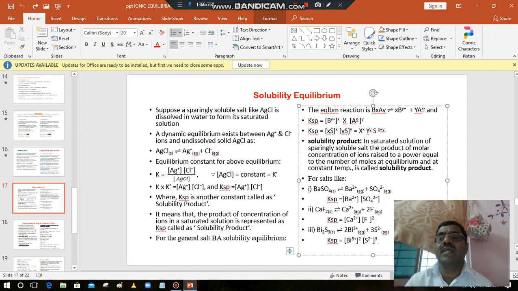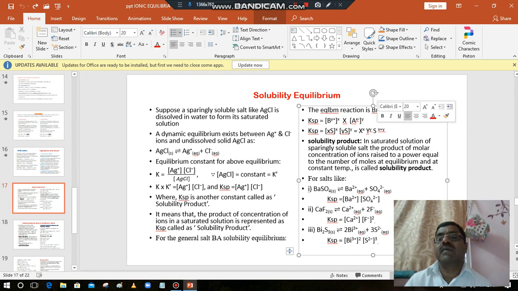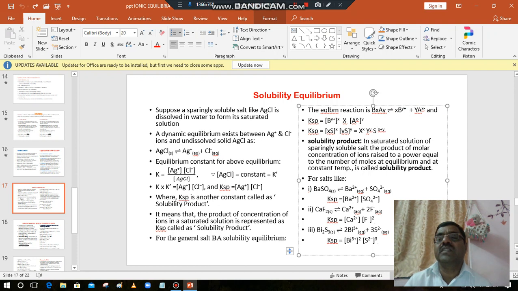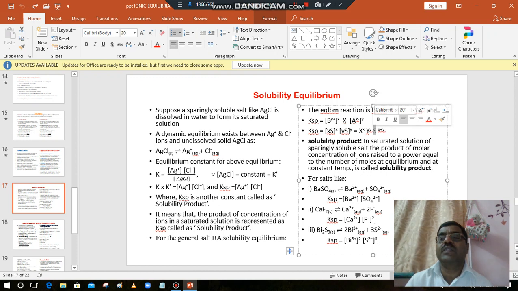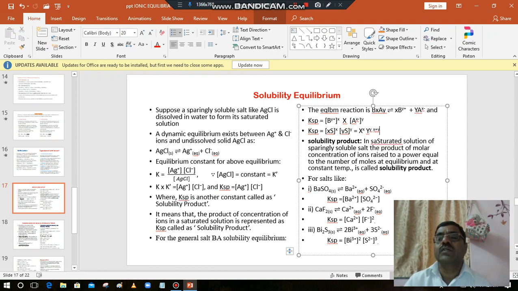And in general Ksp becomes x raised to x, y raised to y into S raised to x plus y, where x means number of cations and y means number of anions, and S is the solubility. Let us consider S is the solubility of a solute in its saturated solution.